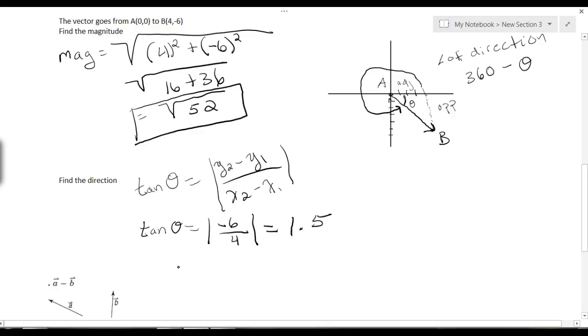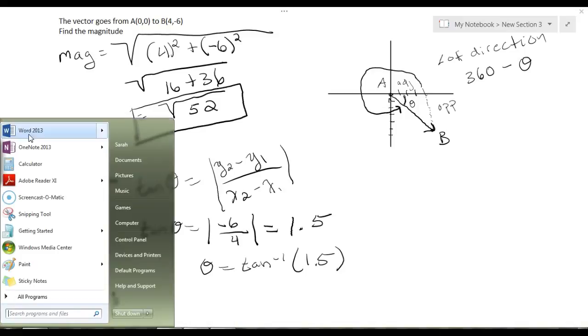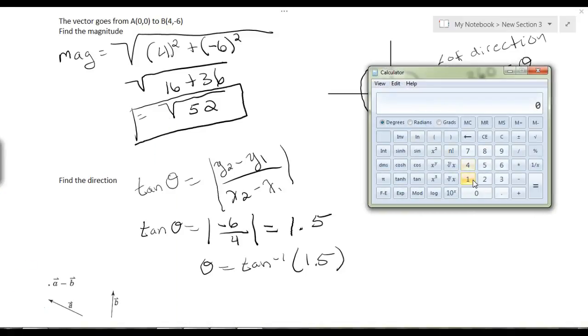So tangent of theta is 1.5. I'll take the inverse tangent of both sides. So I get theta equals the inverse tangent of 1.5. I've lost my calculator. Here we go. So 1.5 inverse tangent gives me 56.3 degrees.